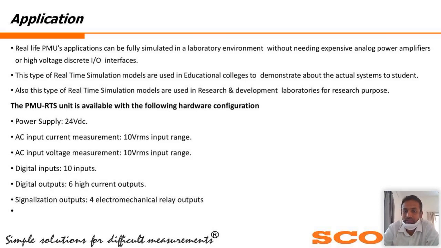It depends on the availability of the core, because when it comes to distribution, you have one protection core and one metering core. In that case, mostly people connect the metering core. So again, it depends on how you are going to use it.